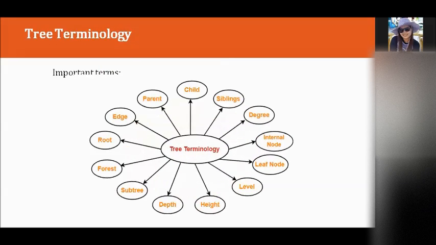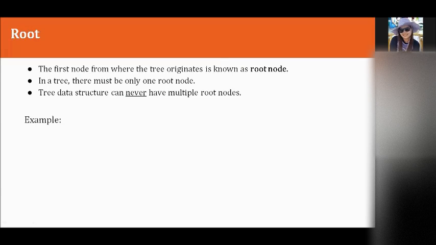So the terms we have, the terminology, if you will see, we have parent, child, siblings, degree, internal node, leaf node, level, height, depth, subtree, forest, root, edge, okay? And the parents, of course. So the root, the first node from where the tree originates is known as a root node.